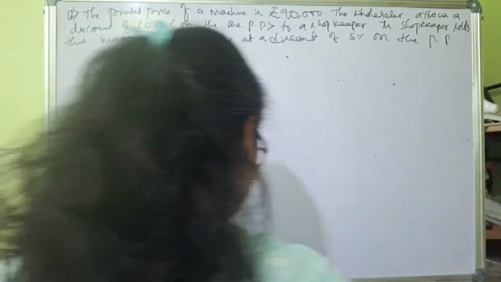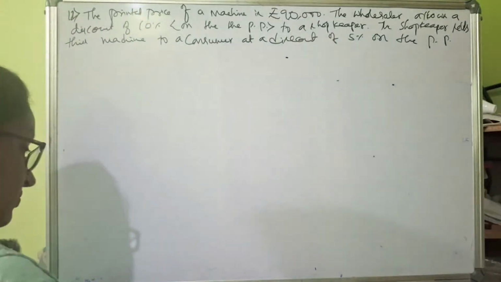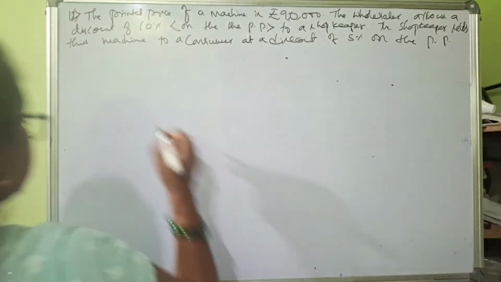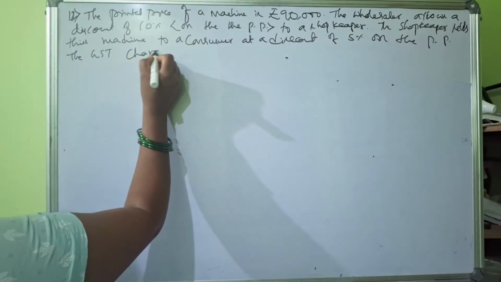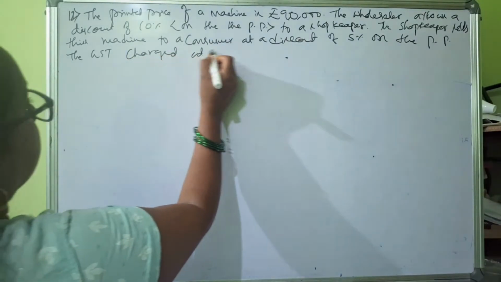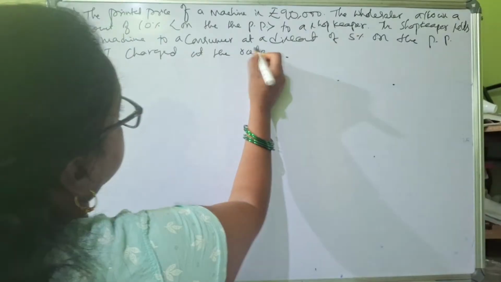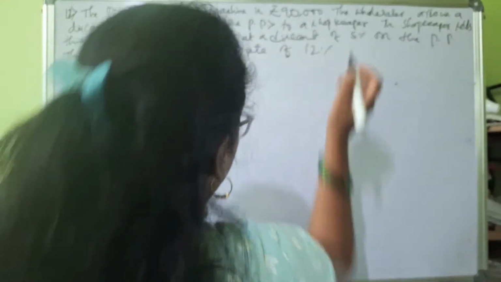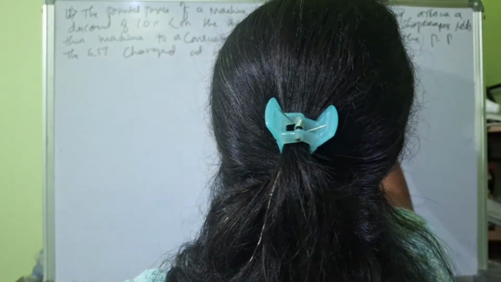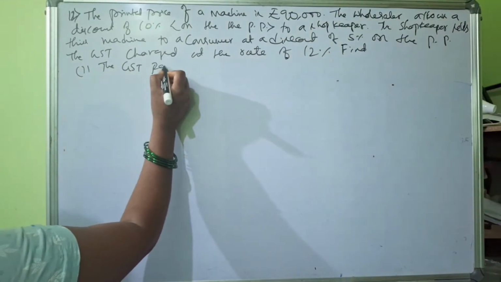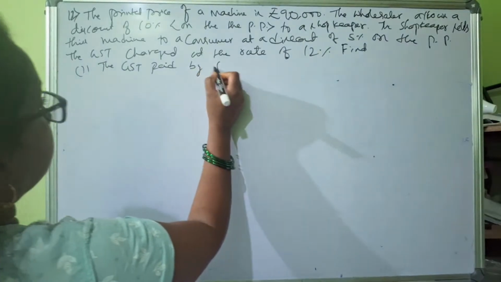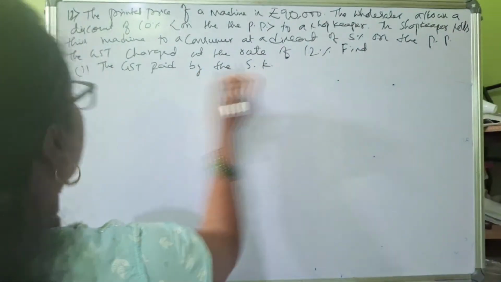PP means printed price. The GST is charged at the rate of 12%. Find the GST paid by the shopkeeper.